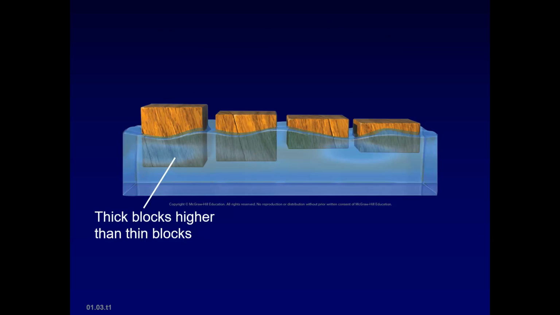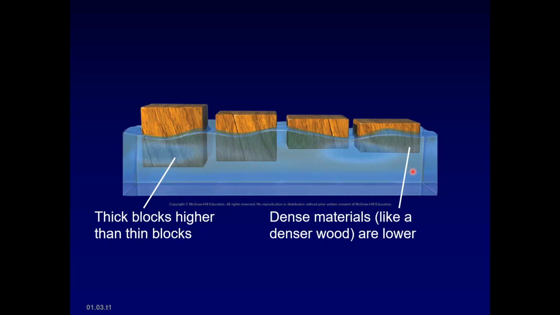The thick blocks have more thickness beneath the water, and the block on the right is lower, so it might be a different kind of wood. Perhaps it's denser. This is analogous to the Earth's crust riding on the mantle, except the mantle is not a liquid.